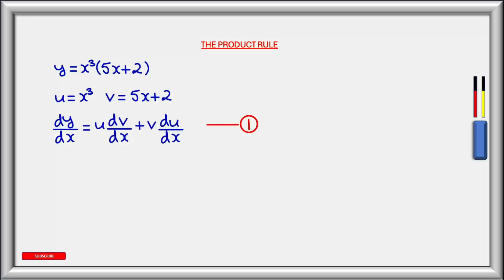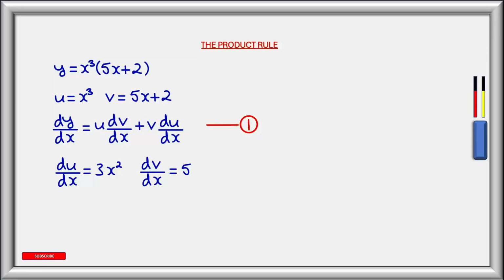Now, using the product rule, the derivative of y with respect to x is equal to u multiplied by dv by dx plus v multiplied by du by dx. So let's find the derivative of u with respect to x and the derivative of v with respect to x.